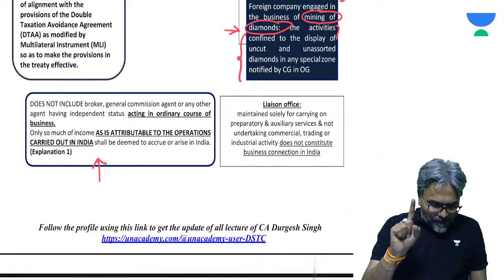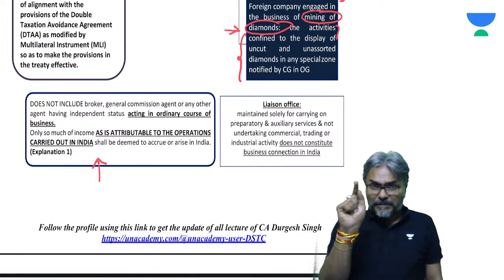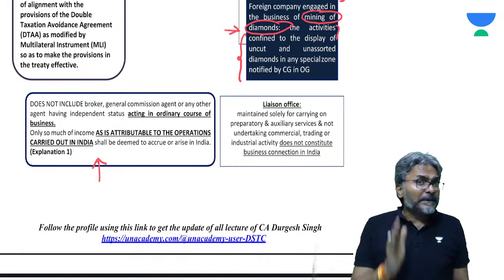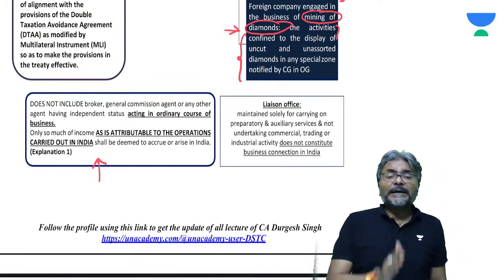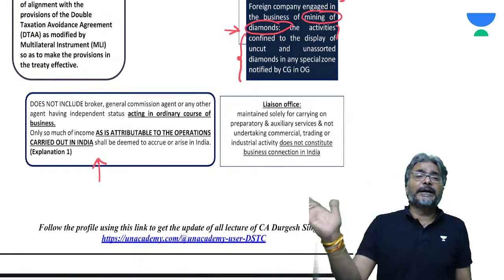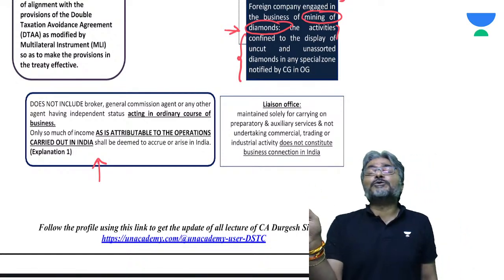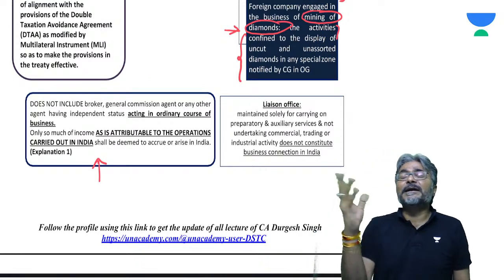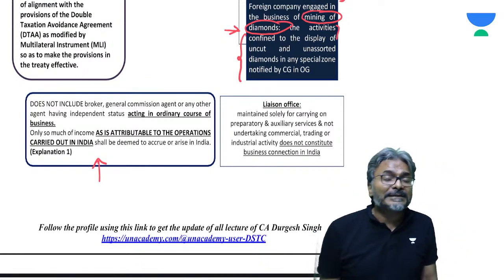On the agent part which gives rise to the business connection, there is one exception. In one particular case, the presence of the agent may not give rise to any business connection in India. You may ask, sir, what is that particular case?